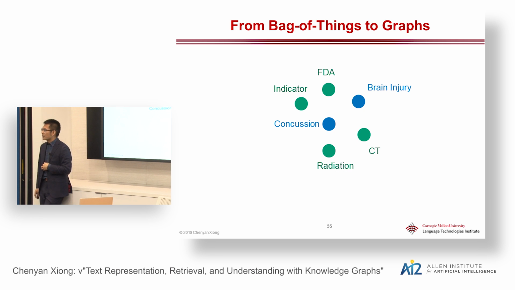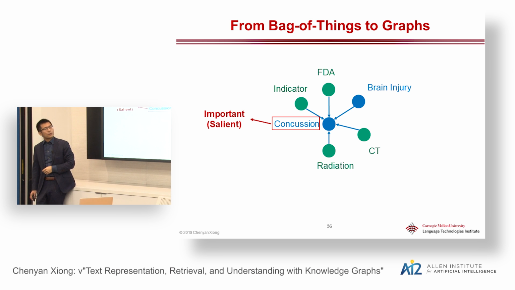And the intuition has actually been there for a very long time. For example, consider all the entities in a news article about concussion and brain injury. Each individual concept may appear only once or twice. But if that article is about brain injury or concussion, it's very reasonable to expect many other related entities in that document.